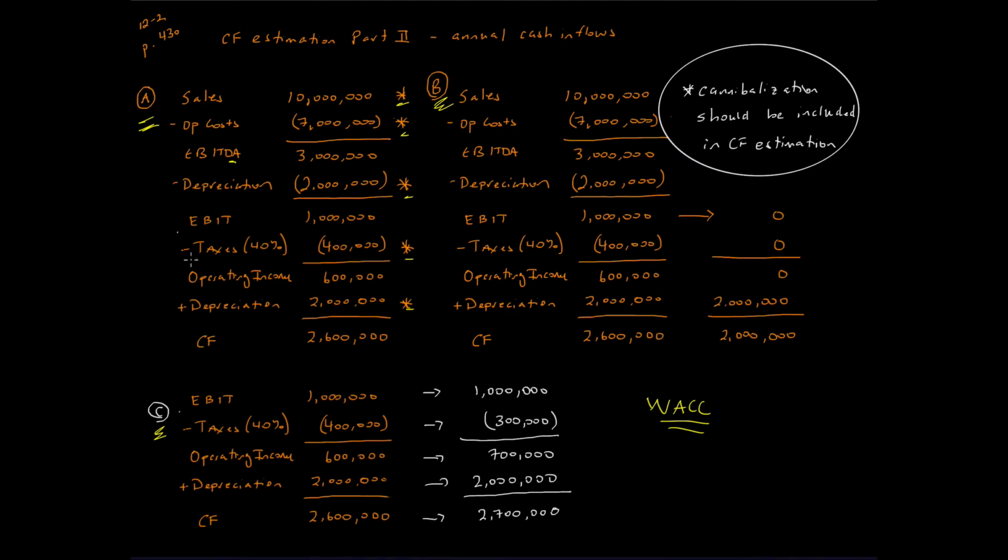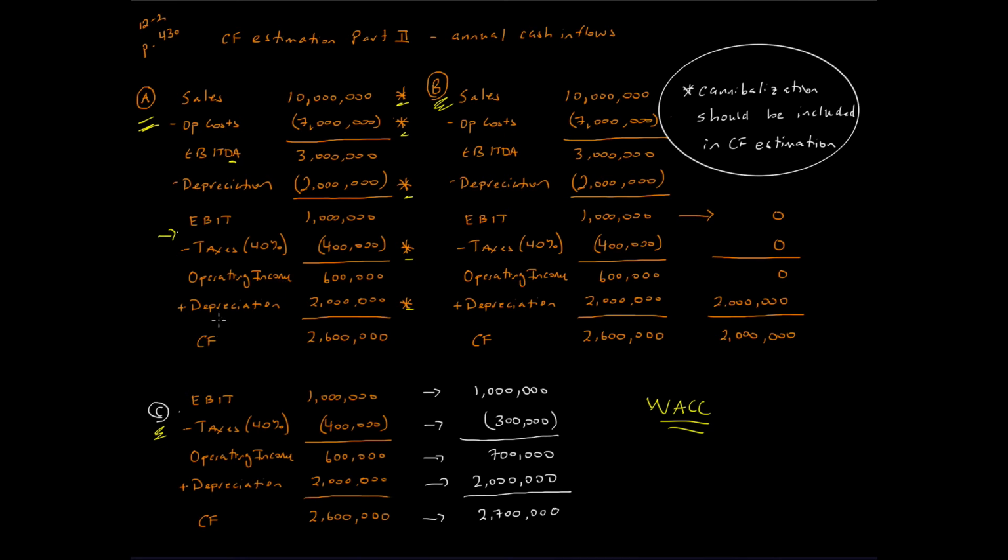So if I include interest right here, where ordinarily I would, and I include it in my weighted average cost of capital, I will be double counting interest, and I don't need to do that. So interest is avoided. Notice I go straight from EBIT down to taxes. And again, the reason I'm avoiding interest is that interest is already used in the weighted average cost of capital calculation. So ignore interest. 1 million minus 400,000 gives me 600,000, what I'll call operating income.